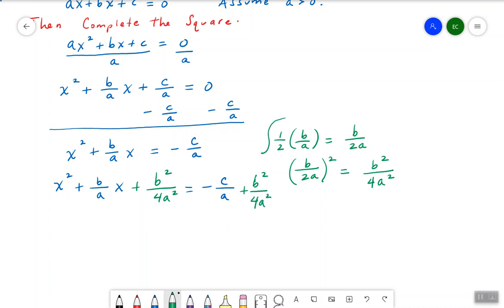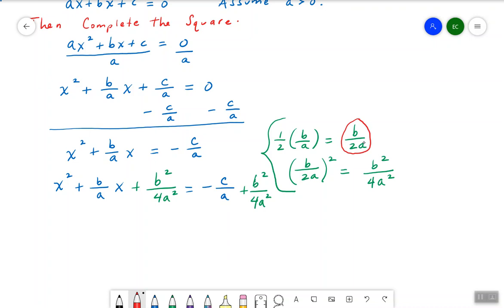Okay, now this might look like a mess, but it's not too bad. We need to factor this left-hand side, and that might be difficult to do, except we actually have the key right here.